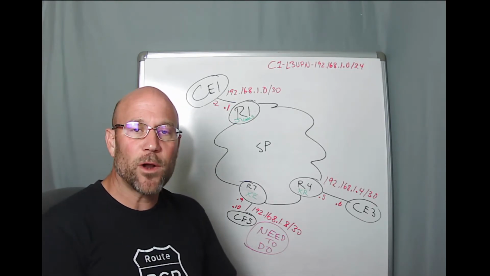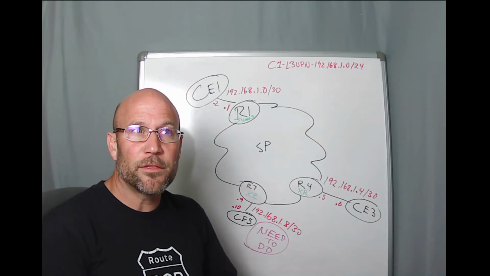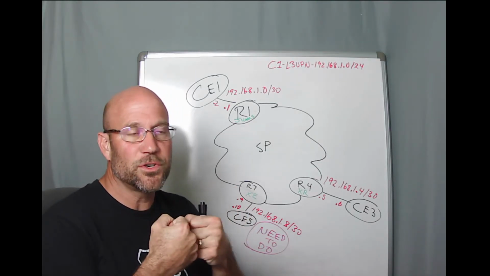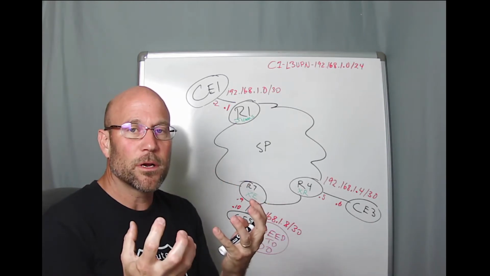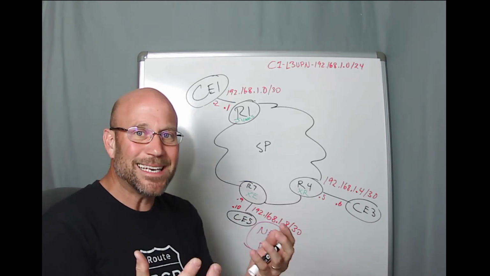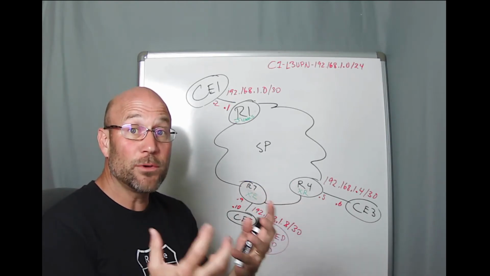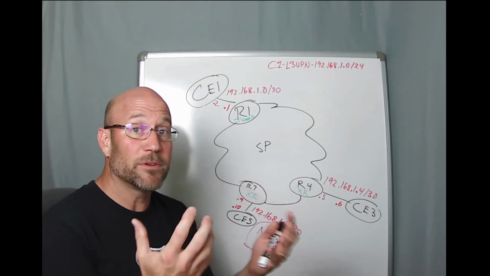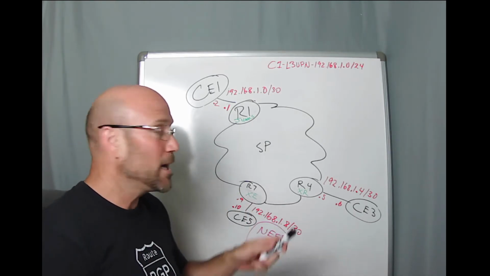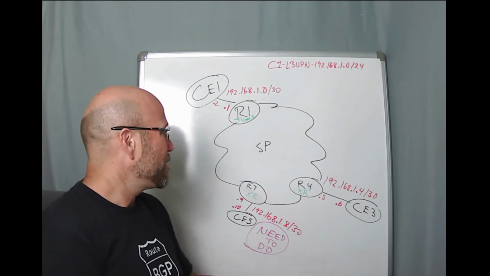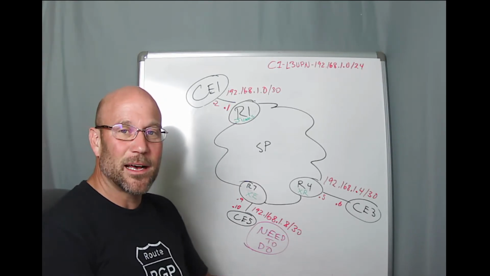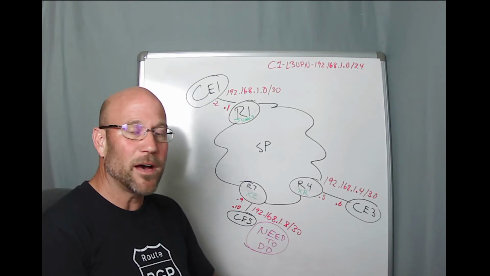I'll probably show that with Junos and XR, two different route reflectors in the same dual cluster, providing redundancy in the SP core using Junos and XR, two different vendors cooperating together. So that'll be really nice. But in the meantime, we're going to go with the more burdensome but commonly used fully meshing of iBGP.